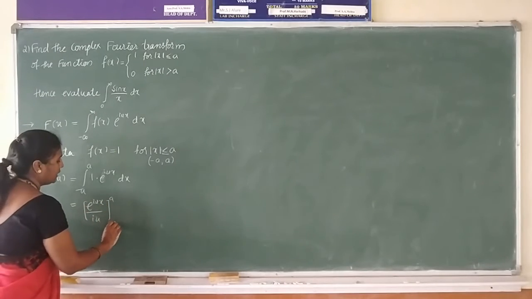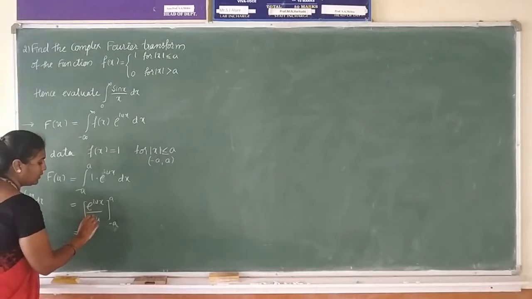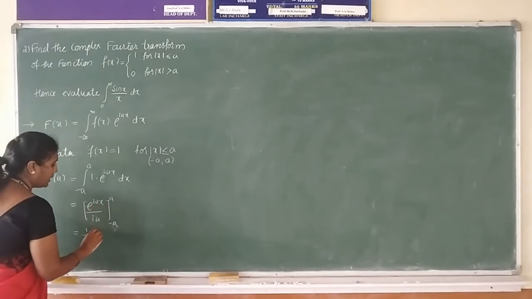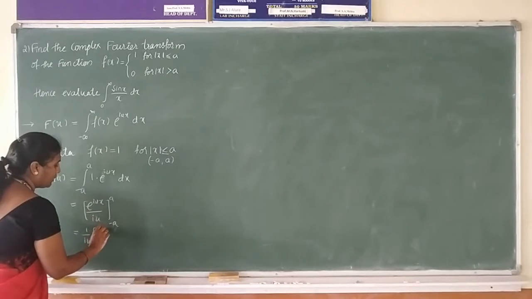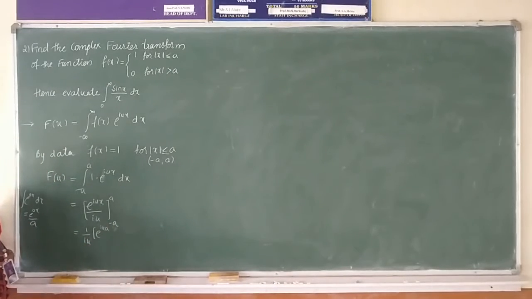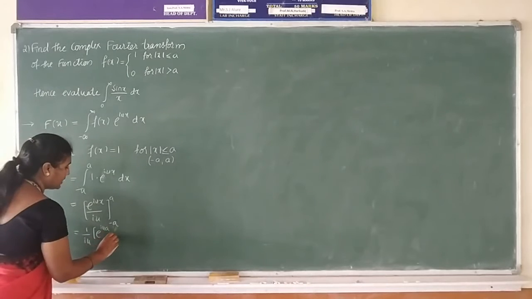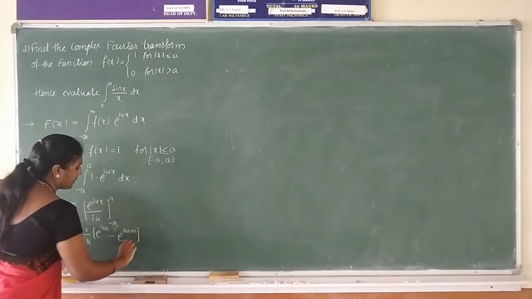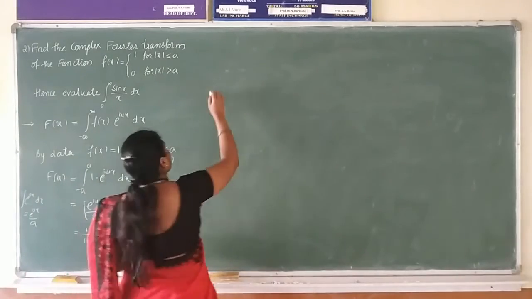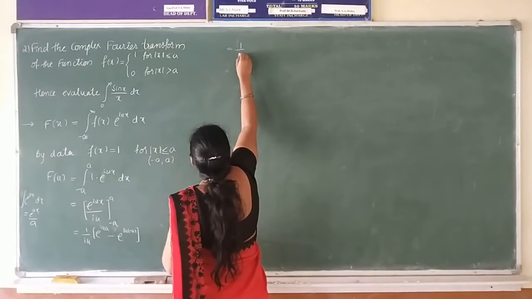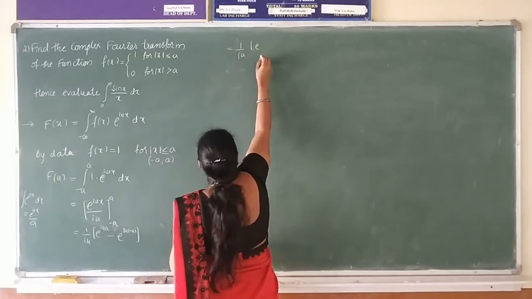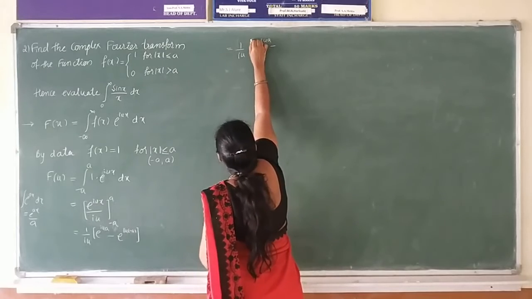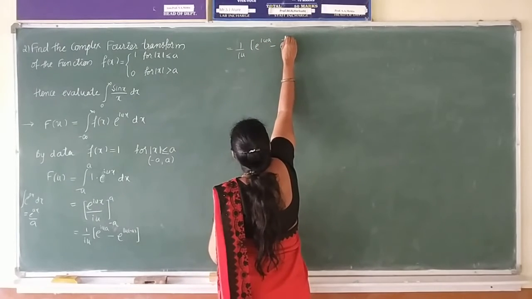Now substitute the limits. Here 1 by iu is a constant term. Substituting the upper limit, x equals a, gives e to the power iua, and the lower limit, x equals minus a, gives e to the power iu into minus a. Simplifying, that equals 1 upon iu into the bracket e to the power iua minus e to the power minus iua.